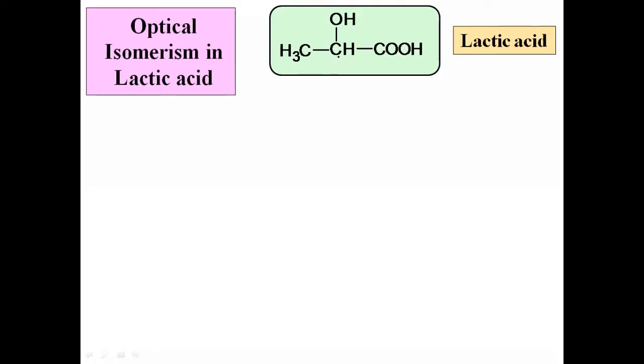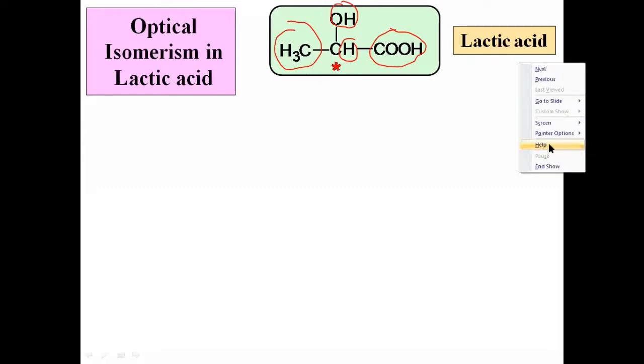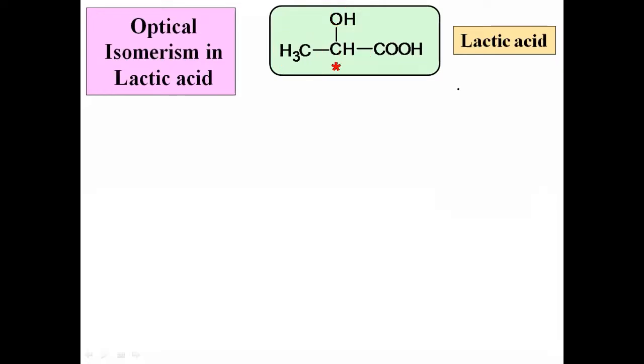But that second carbon, which is marked by a star, is attached to 4 different atoms or groups. OH is the first one, methyl is the second, hydrogen is the third, and COOH is the fourth. Hence it is chiral in nature, and thus lactic acid has 1 chiral carbon.